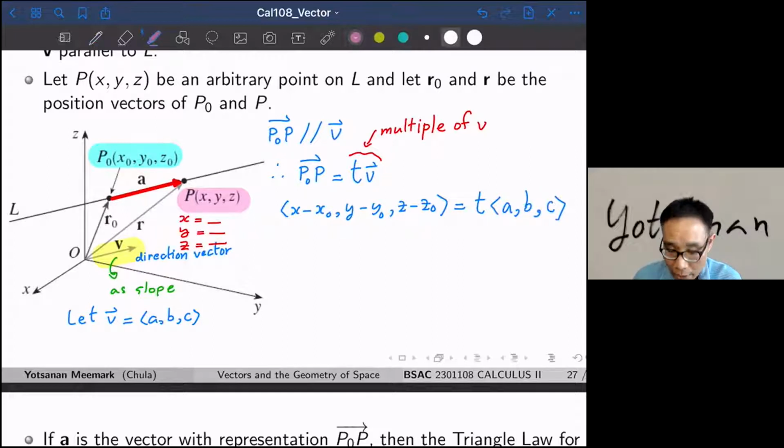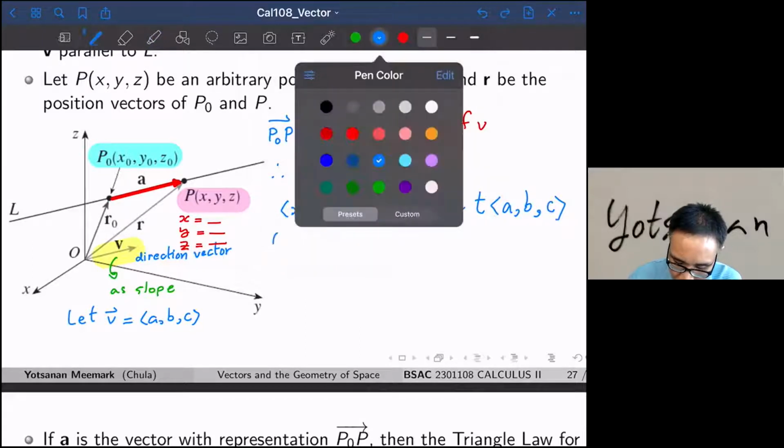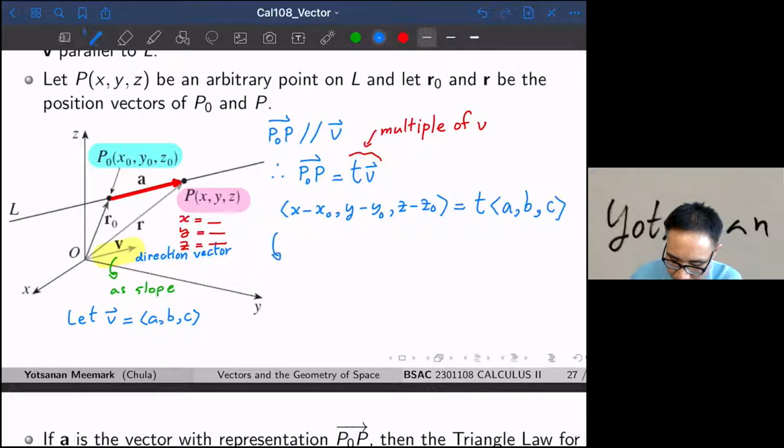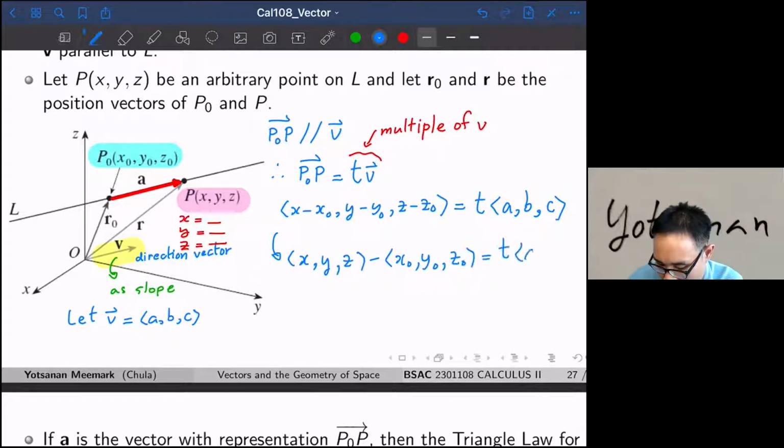Let v equal a, b, c, so tv is t times a, b, c. So x minus x0, y minus y0, z minus z0 equals t times a, b, c. From this we derive that x, y, z minus x0, y0, z0 equals t times a, b, c.